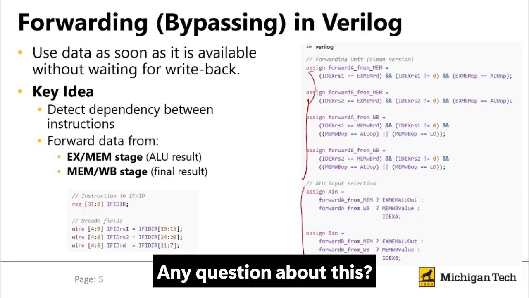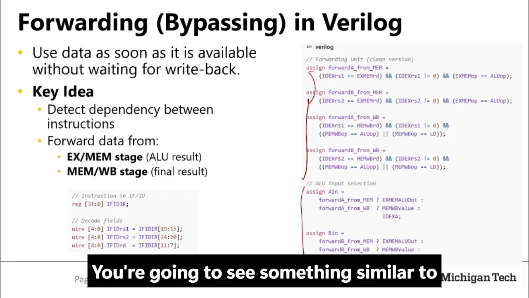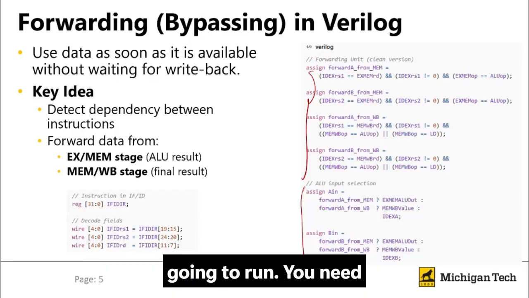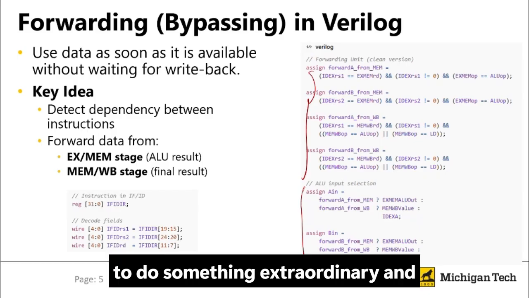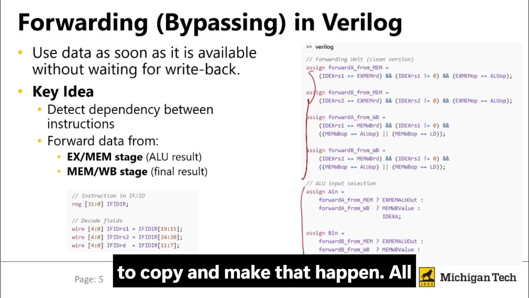Any question about this? You're going to see something similar to that in the piece of code that you're going to run. You don't need to do something extraordinary or very complex. You just need to copy and make that happen. However, that's not easy either.